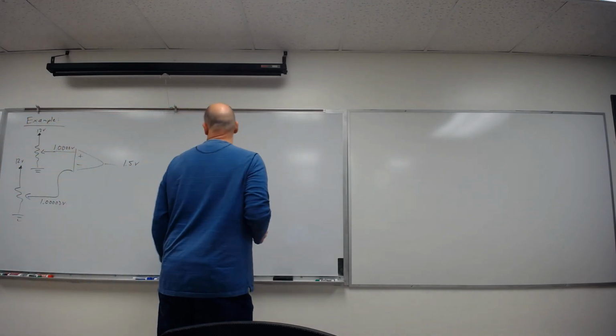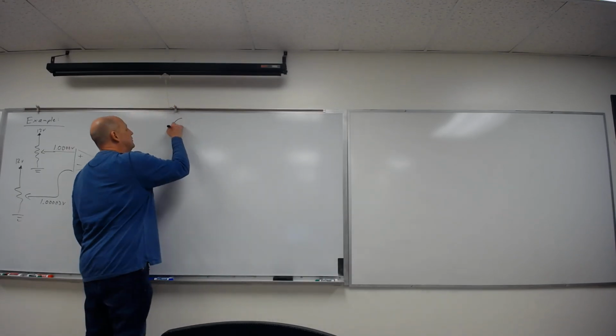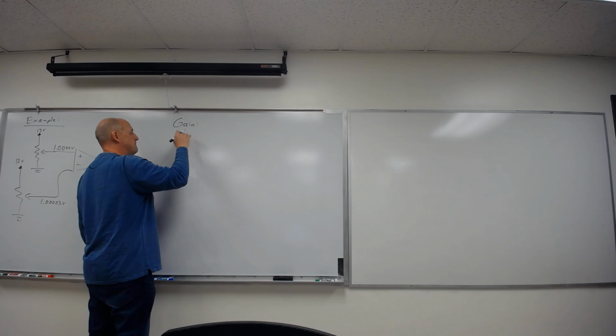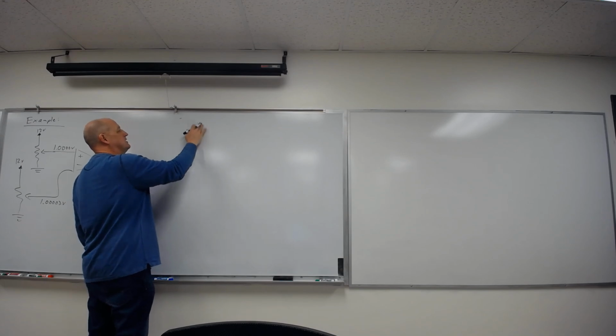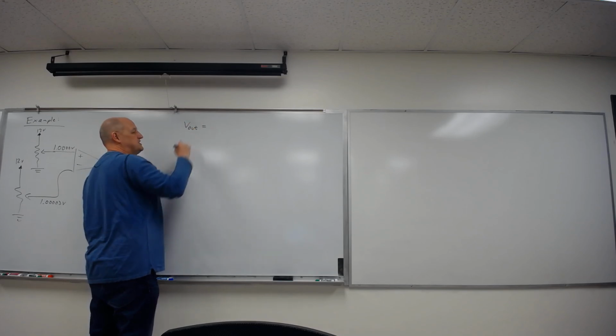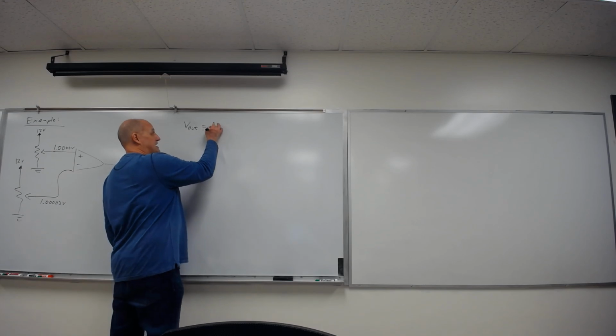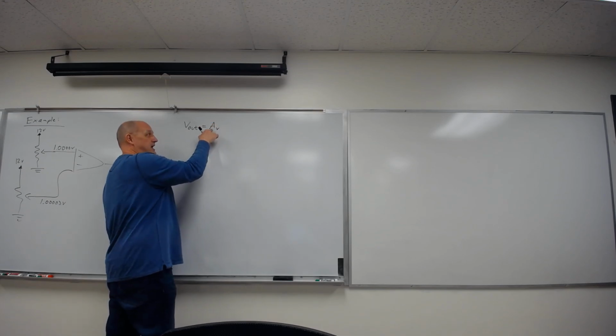Okay, so for an op amp, we know that the output voltage, this is true of any amplifier, so I'm just going to write it down this way, is equal to the gain.